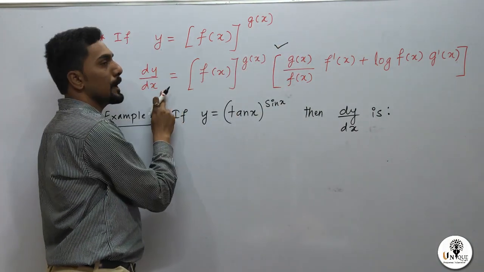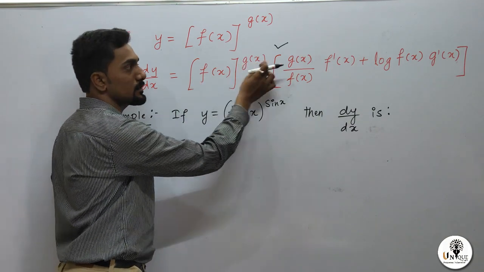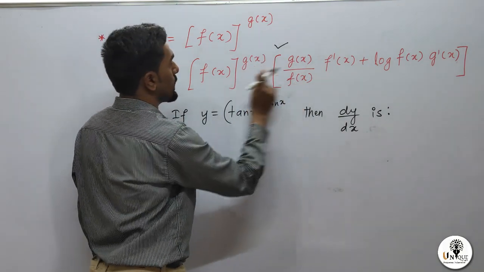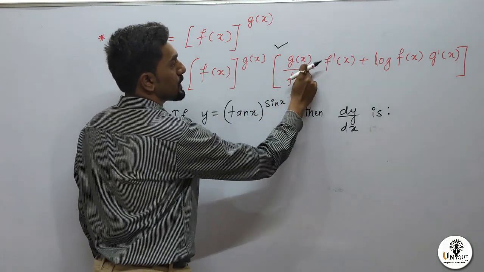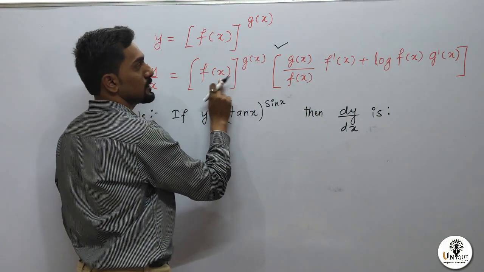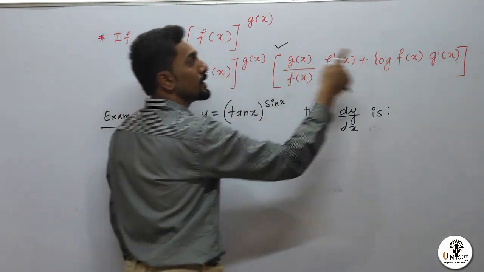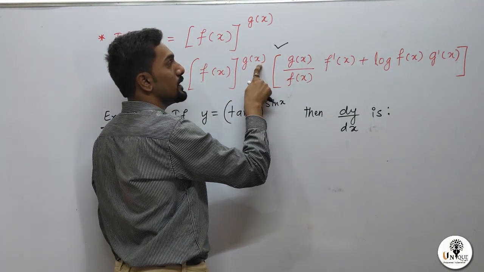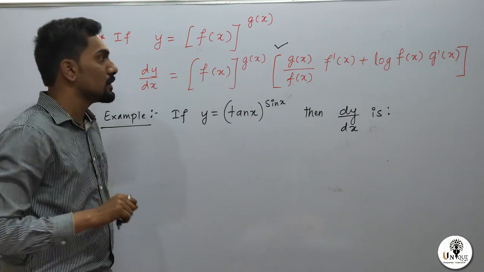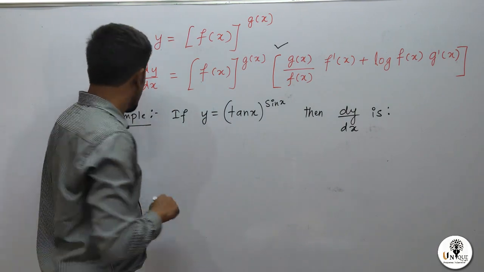That is, dy by dx equals f of x power g of x as it is inside the bracket, that is the power divided by the base, that is g of x divided by f of x, into the differentiation of this function, that is f dash of x, plus log of the given function into the differentiation of the power.